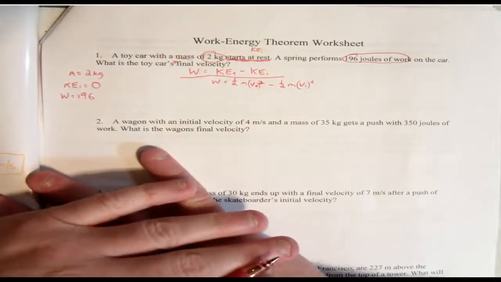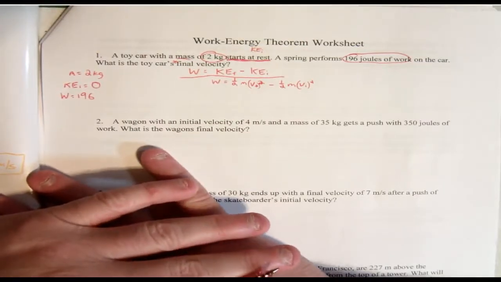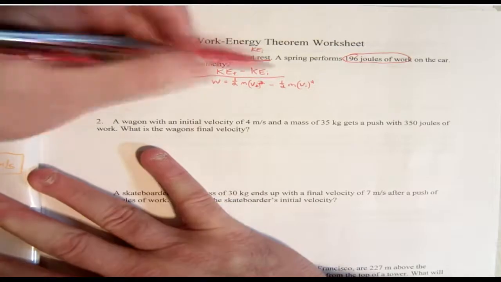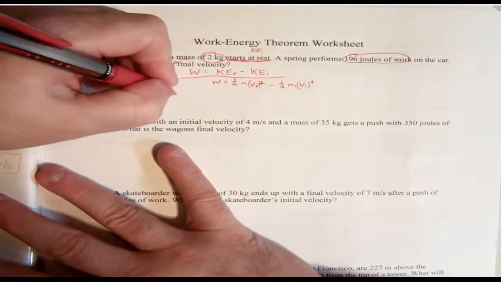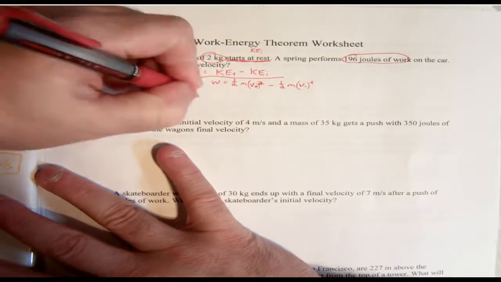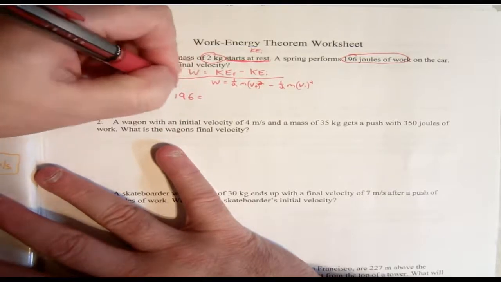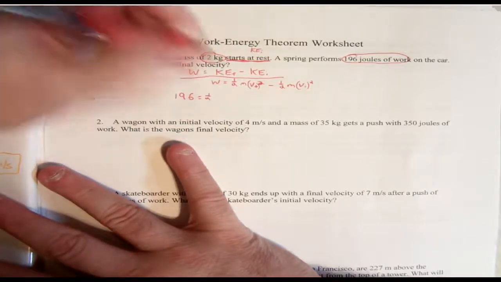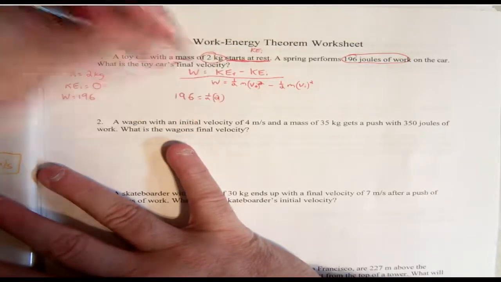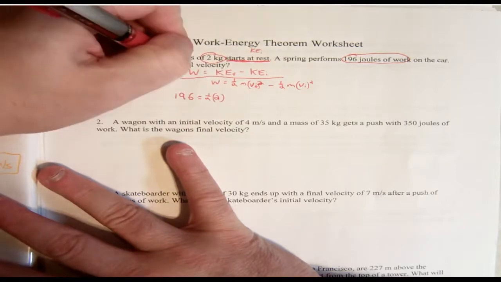Okay, so now let's plug in what we know. We know work. It performs this much work, so let's go 196 for work equals 1/2. What's our mass? 2. What's our final velocity? We don't know.